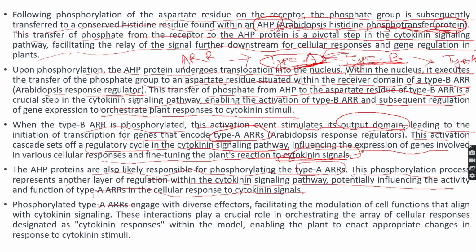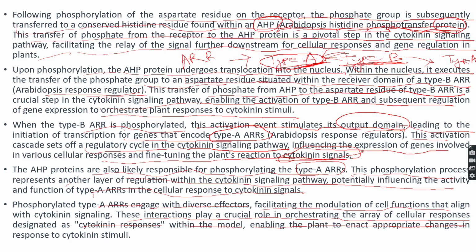Phosphorylated type A ARR engages with diverse effectors, facilitating the modulation of cell functions that align with cytokinin signaling. These interactions play a crucial role in orchestrating the array of cellular responses designated as cytokinin responses within the model, enabling the plant to enact appropriate changes in response to cytokinin stimuli.